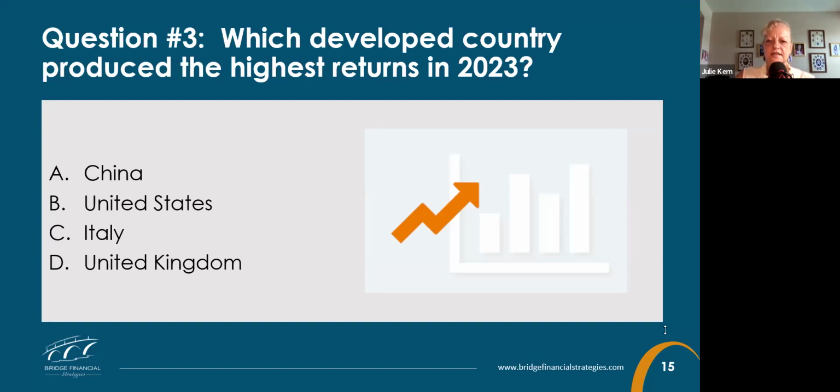Launching that. So if you can just click on the answer that you think is correct. Give you a few more seconds on that.